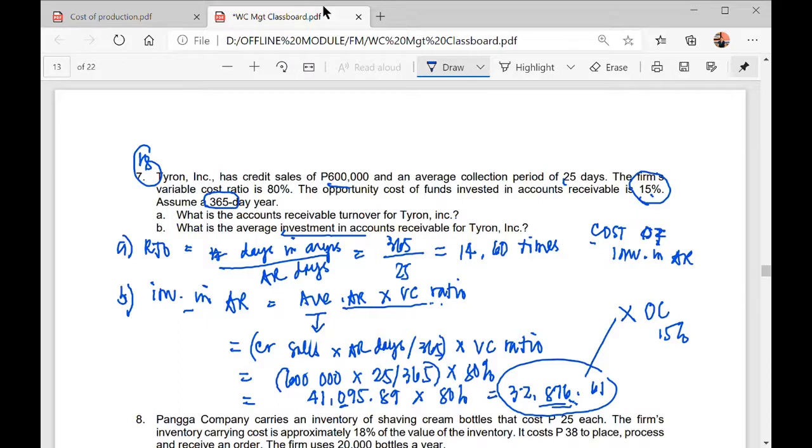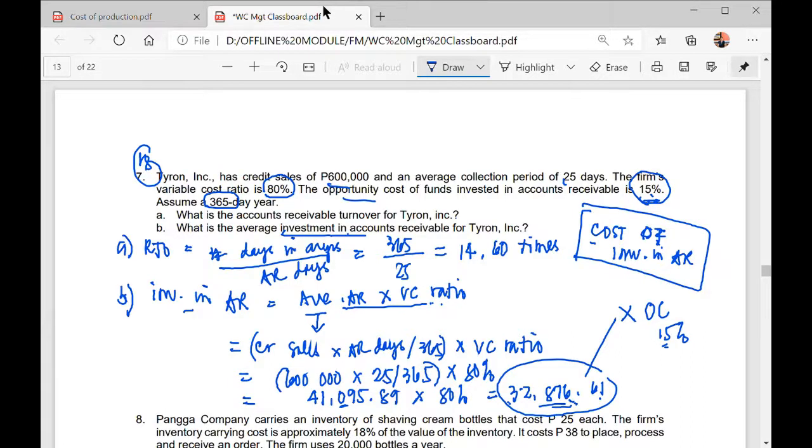But since given man sa problem nga na 80% nga VC ratio, so i-multiply nato siya to get the answer. And then, we will use this 15% nga opportunity cost kung ang question kay cost of investment in AR. Pinaman niyahang gasto. So, may mawa sa iya ha. So, mani siya, i-multiply ni mo og 15% kung ang pangutana is cost of investment. Pero pag average investment lang, so kanira ato ang answer.